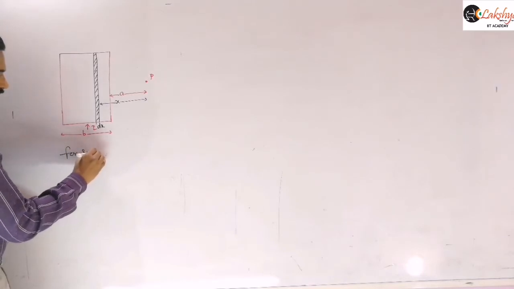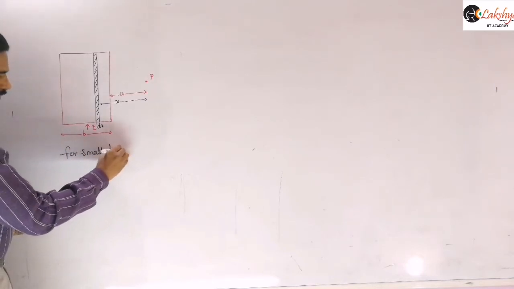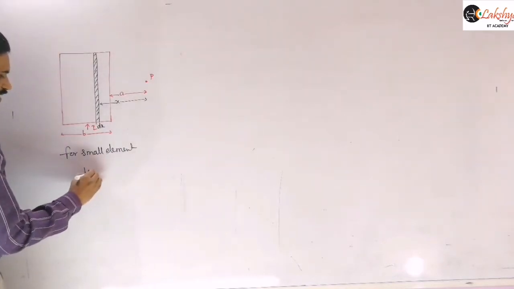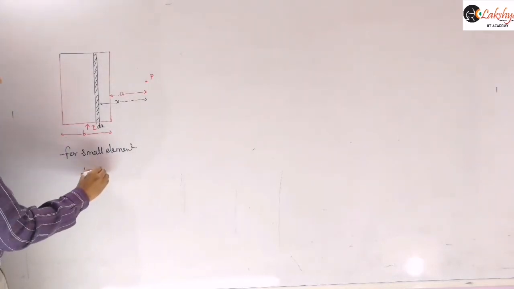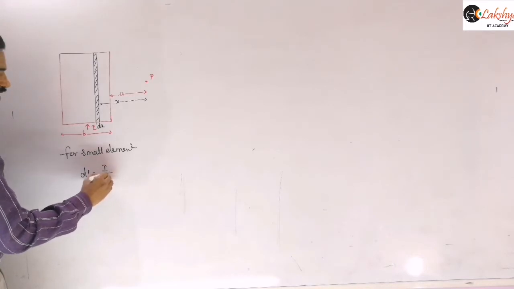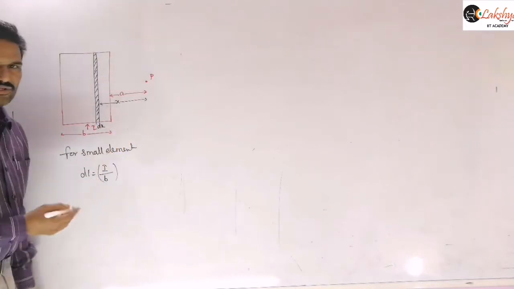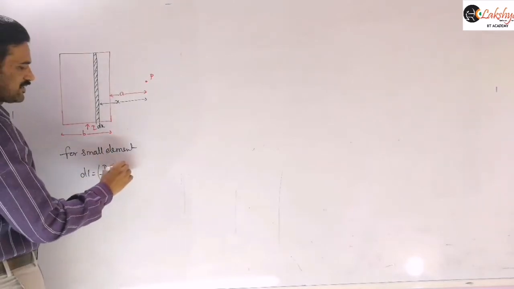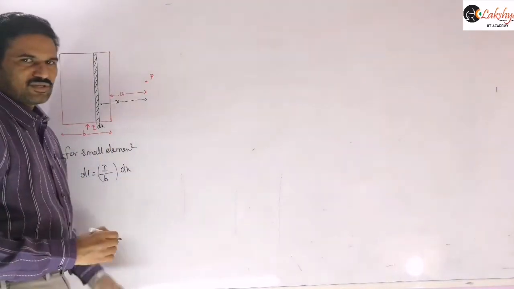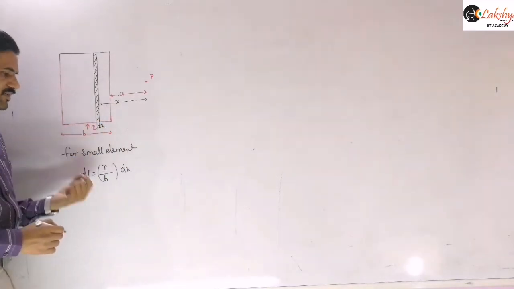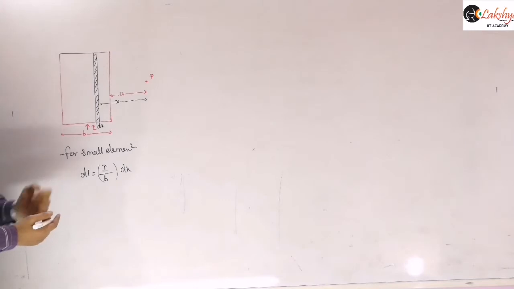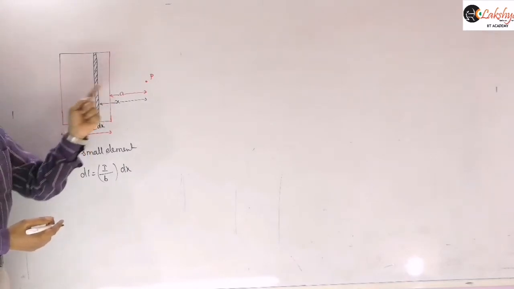So for the small element, di, the current flowing through that element, is equal to I by b, similar to our previous calculation. I by b is the current per unit width. Our element width is dx, so the current flowing through that small element is I by b into dx. Now let us write the magnetic field due to this small element.